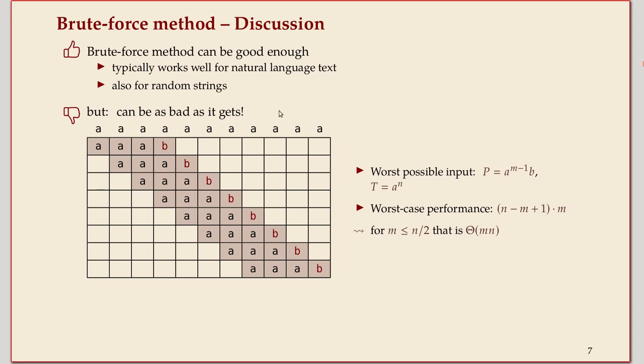But it can also suck very badly, in particular for this specific example, which is a bit made up, I agree. If your text is just all A's and your pattern is all A's but one B at the end, you will always check all those characters, and then at the last position, oh, again a mismatch, surprise, oh, again a mismatch, how bad.